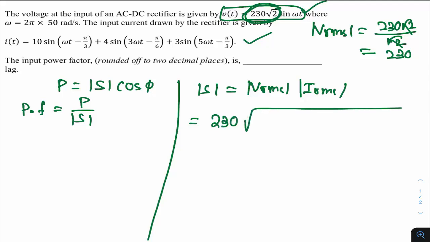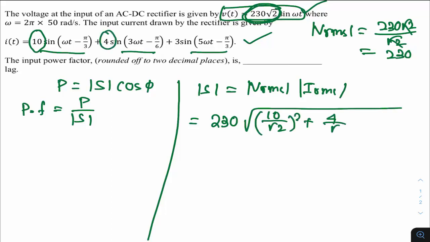Whenever we have an expression of voltage or current which is a linear combination of different frequency sinusoids, the corresponding RMS magnitude is given by the square root of the sum of the individual RMS magnitudes squared. This peak amplitude is 10, so its RMS is 10 by root 2, squared, plus this is 4 by root 2 squared, plus this is 3 by root 2 squared.